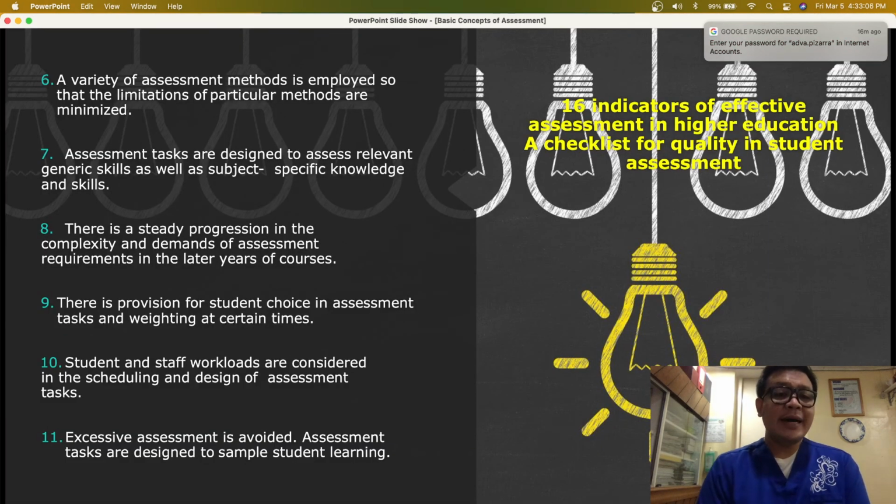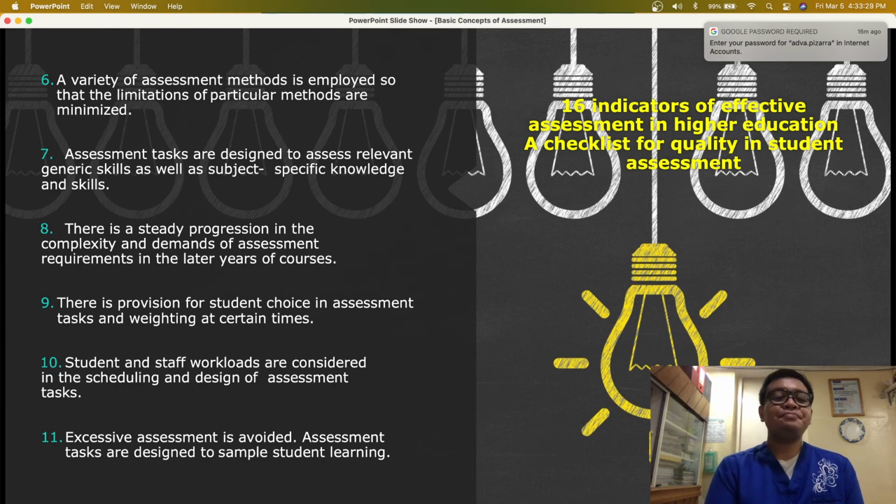Number six is a variety of assessment methods is being employed so that the limitations of particular methods are minimized. Seventh is the assessment tasks are designed to assess relevant generic skills as well as subject-specific knowledge and skills. Number eight, there is a steady progression in the complexity and demands of assessment requirements in the later years of courses.